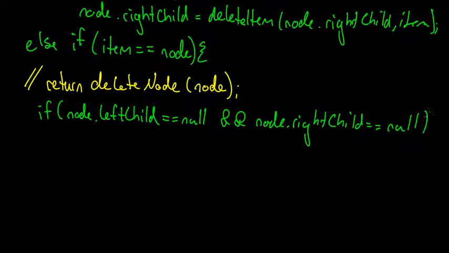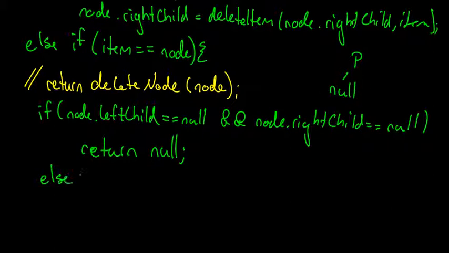Well, then that is the easiest case, in which case you can just simply set the node to null, or return null. Because remember, up here we're going to set the parent's left or right child to null. So if node left child and node right child is null, the node is a leaf, then its parent simply gets a null, meaning that leaf is now gone.